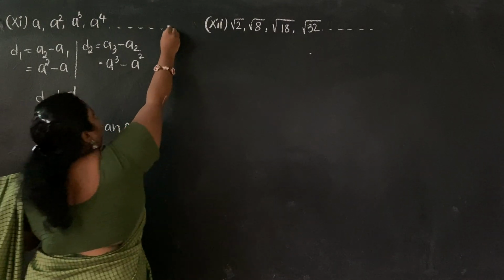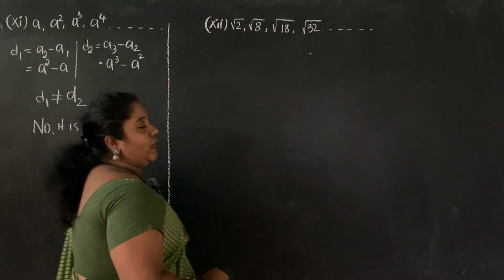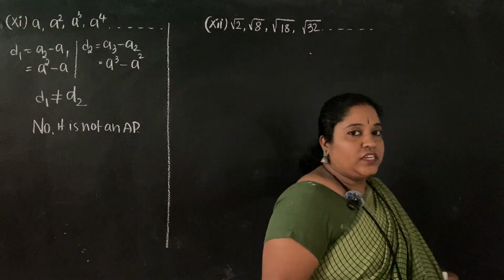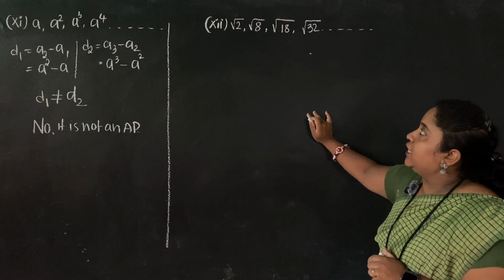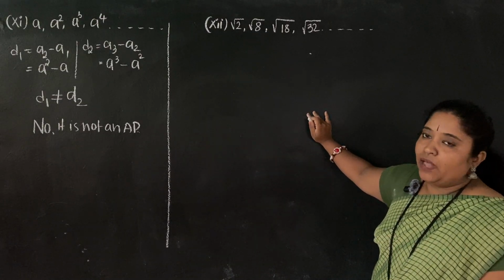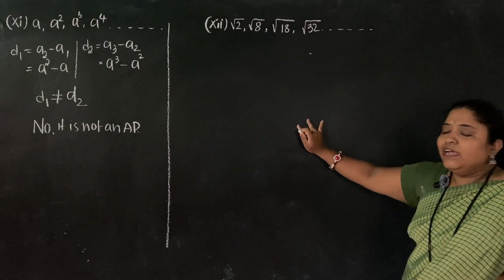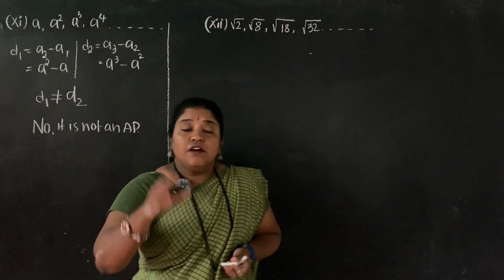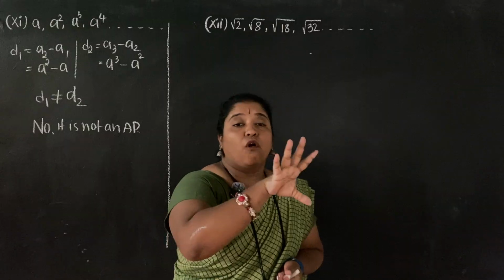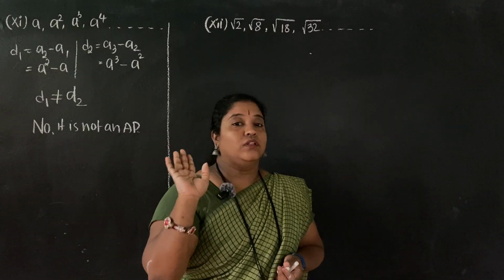Okay. So we'll move to the next question. That is the 12th question. You just see the question. The question seems a little difficult, isn't it? Root 2 comma, root 8 comma, root 18 comma, root 32 and so on. Dear, whenever the questions are in the form of irrational numbers, first write the simplified form of the irrational number and then conclude the answer.